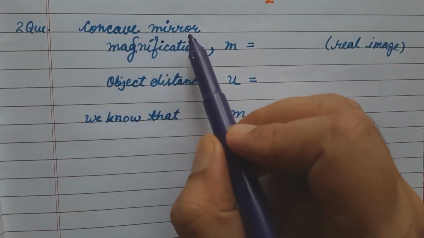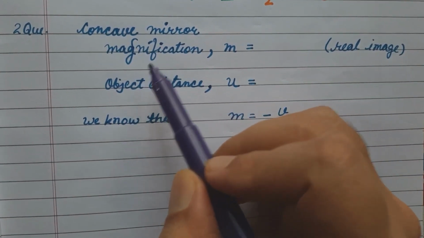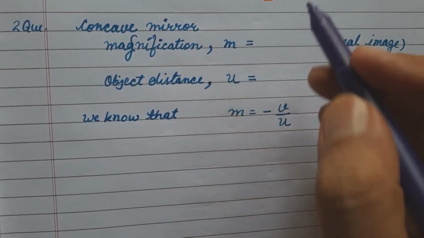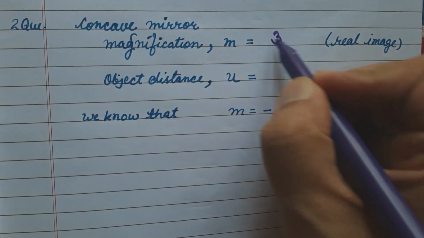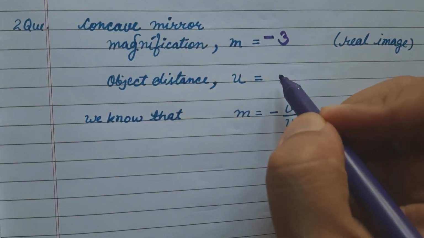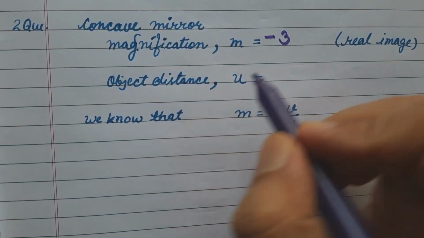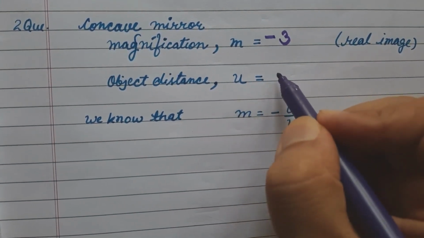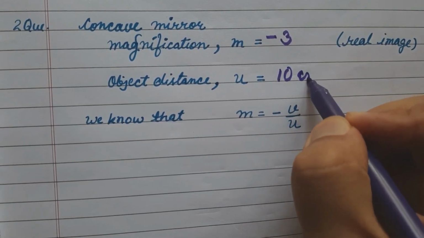Mirror is concave mirror. Magnification according to question is 3 times, represented by small m, that is 3. But for real image, sign will be negative. Object distance is represented by u, which is 10 centimeter.